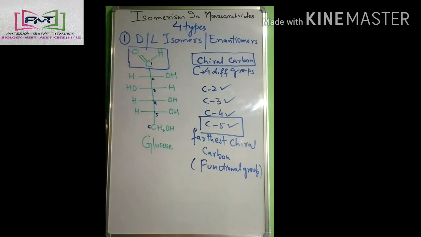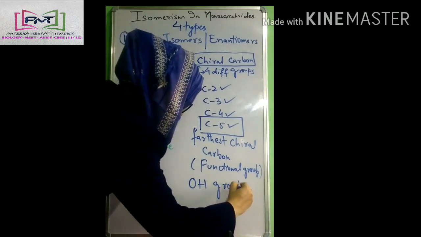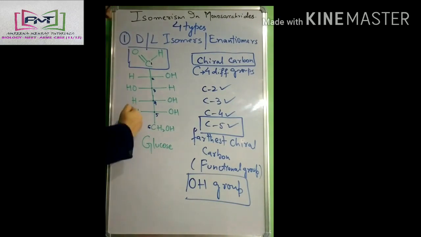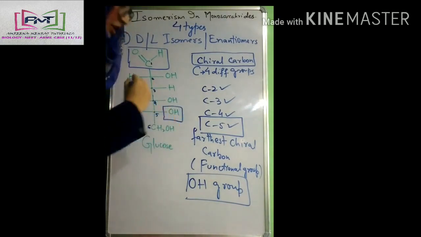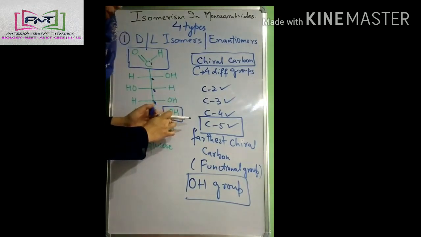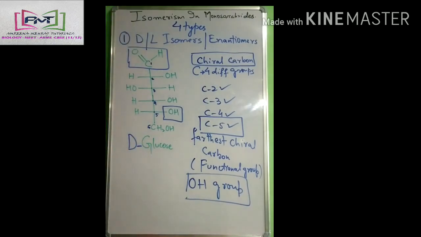Carbon number 5. Look at this carbon number 5 and observe which group? OH group. What is the direction of the OH group? Is it towards right or left? OH group is towards right. If the OH group is towards right, then you call it D-glucose.